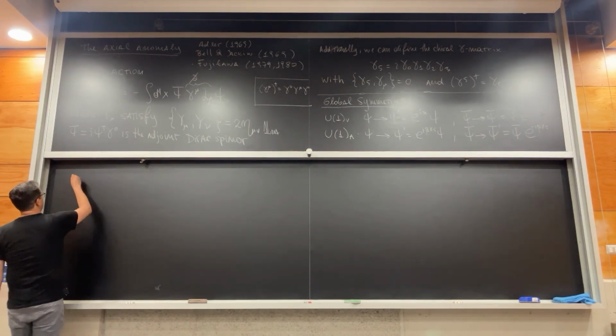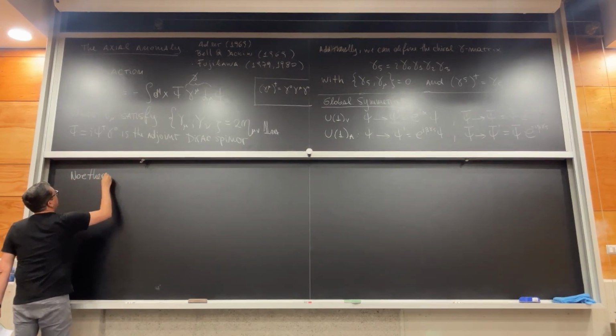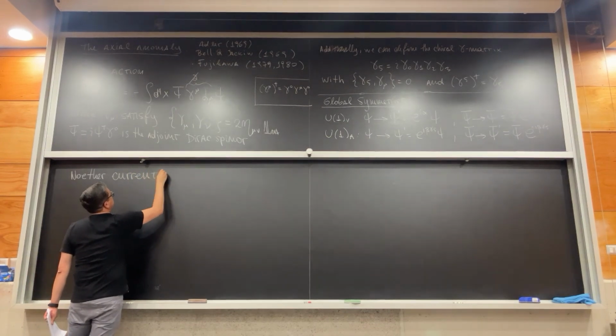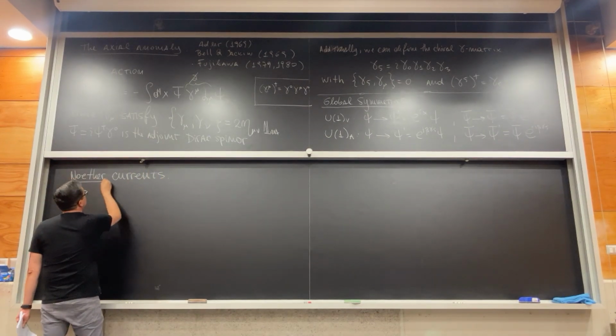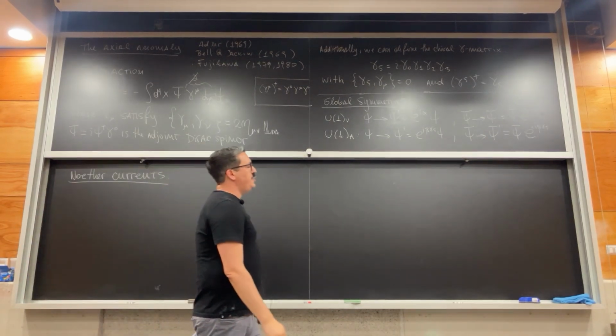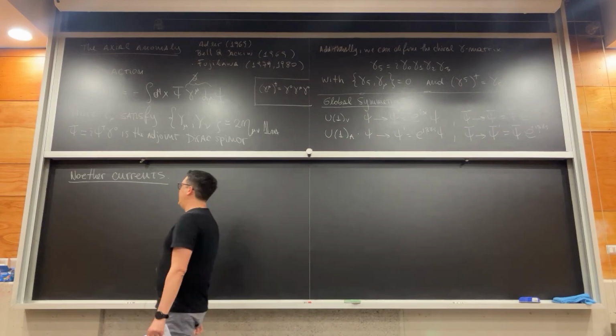So the Noether currents are, associated to the first one, the standard electric current that you know from electromagnetism.